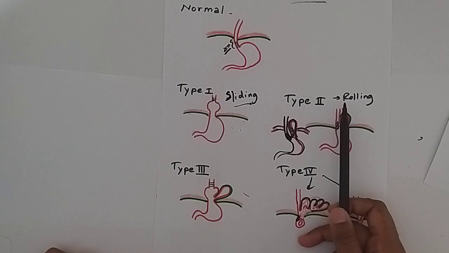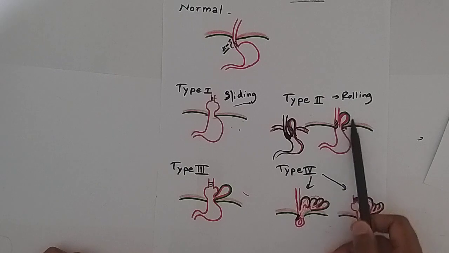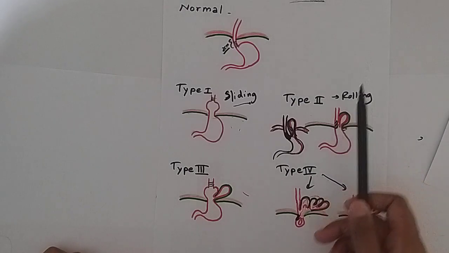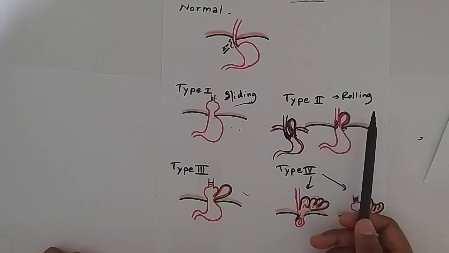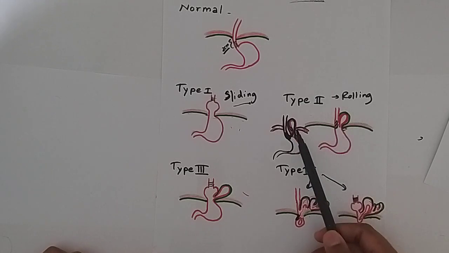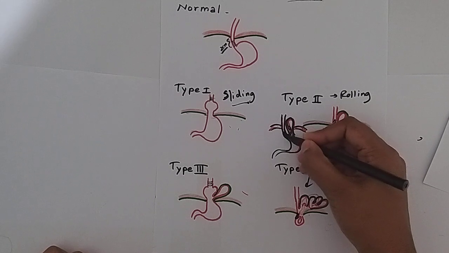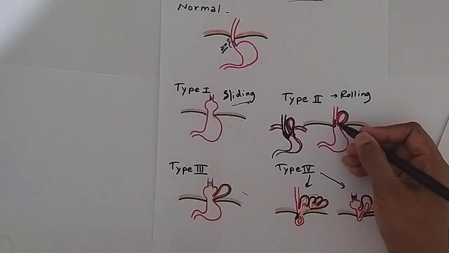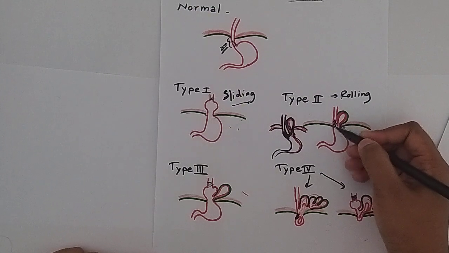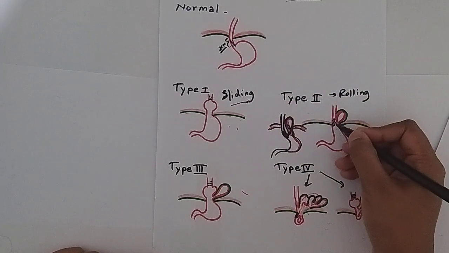The type 2 hernia we also call a rolling hernia, because the fundal part of the stomach is sliding upward through the esophageal hiatus, beside the esophagus. You can see the dark color I have made dark just to show you clearly. I have drawn it somewhat mistakenly, because the gastroesophageal junction should be in the same position as in the normal one, since it's not going upward.